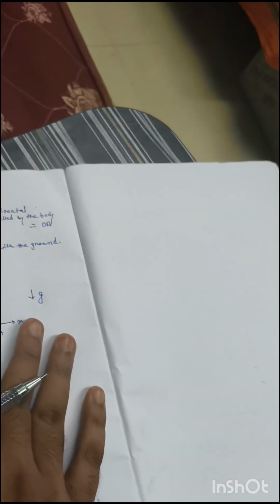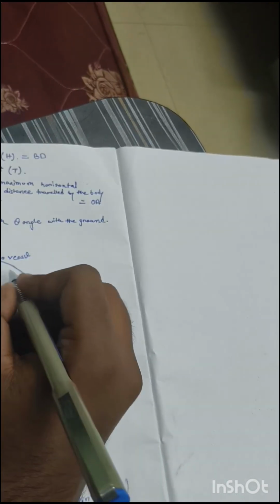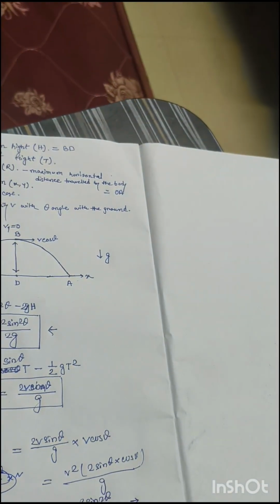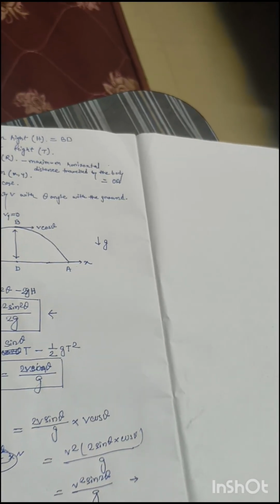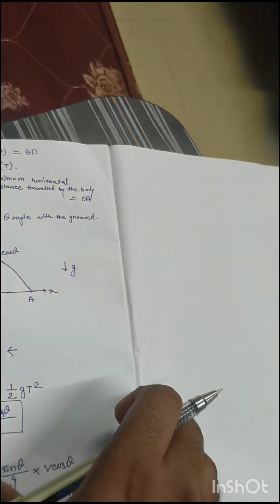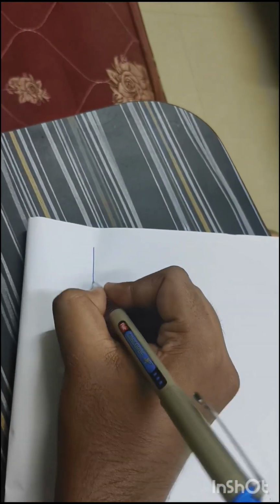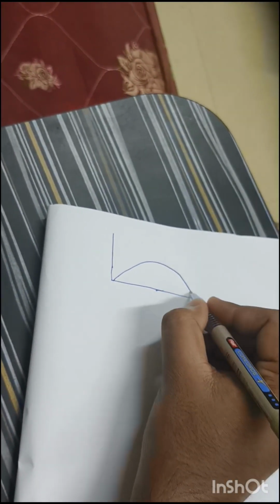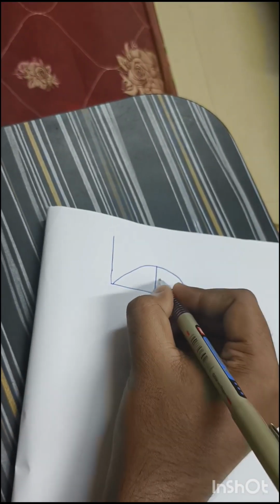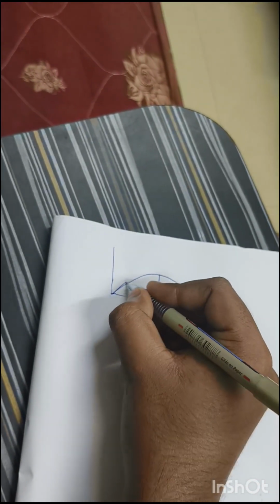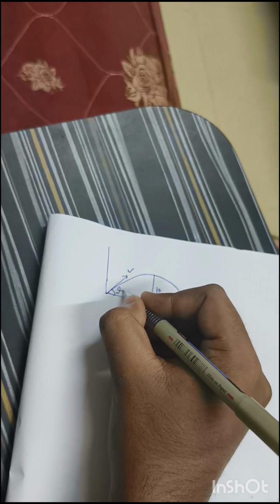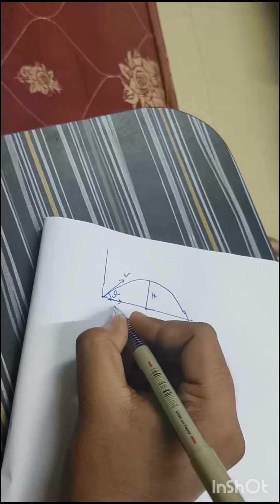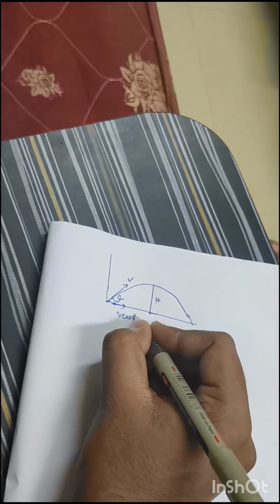Now lastly, the major part: we easily saw that the trajectory is a parabola. But how can we prove that the trajectory is a parabola? For this we can do a very beautiful thing. Suppose this is h, this is v, this is theta, v cos theta.